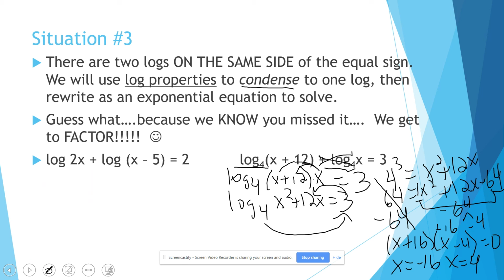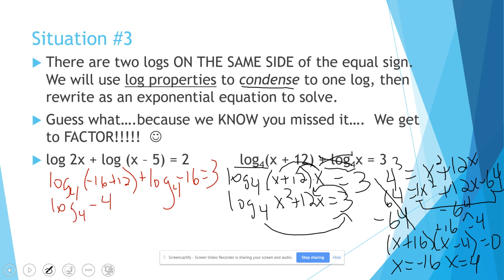Now for our check. Start with that negative 16. Log base 4 of negative 16 plus 12 plus log base 4 of negative 16 is equal to 3. Well, negative 16 plus 12 is negative 4, and then we have negative 16 here.